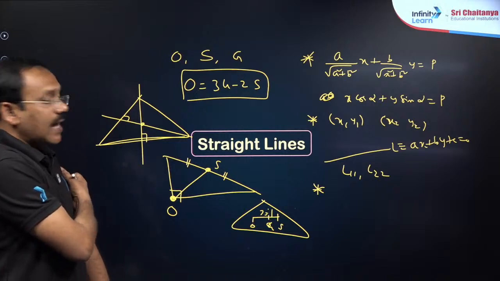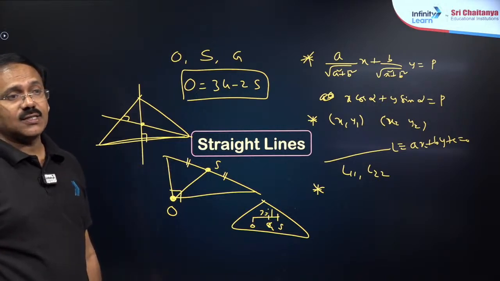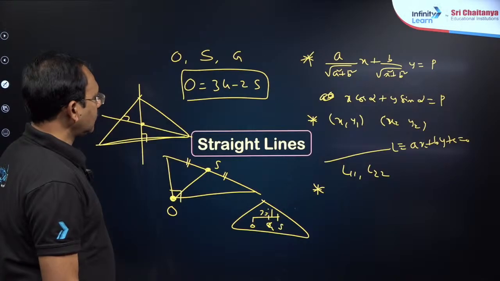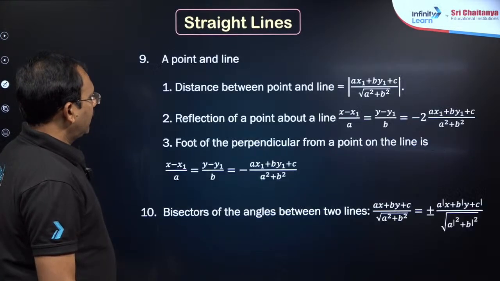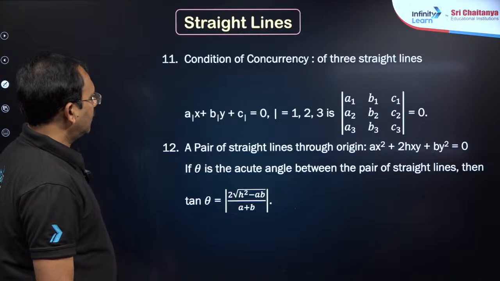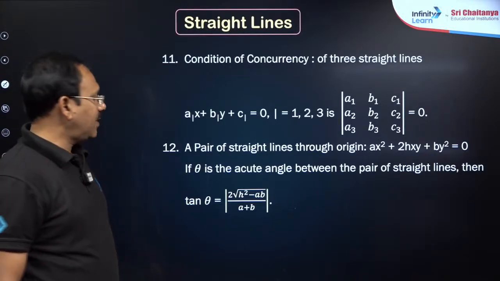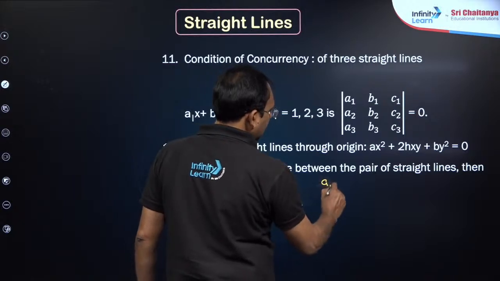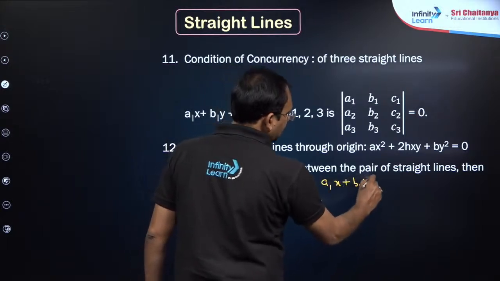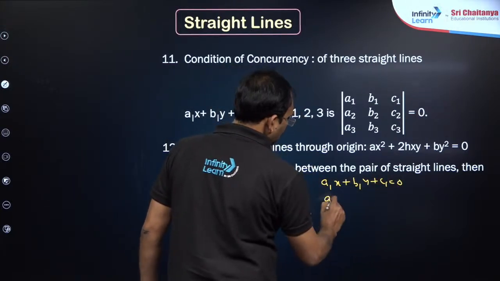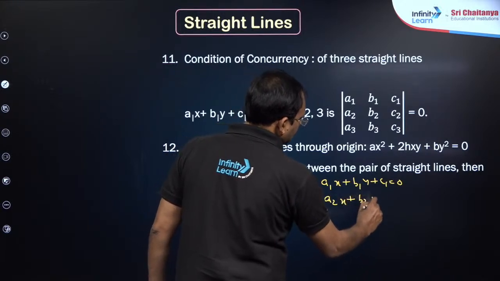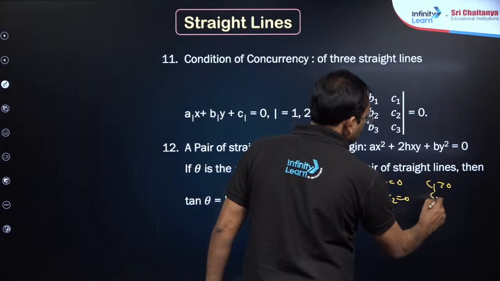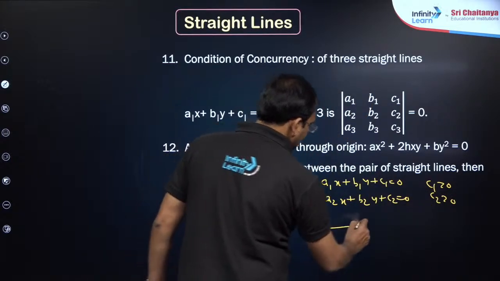Apart from this, the angular bisector concept, acute angle bisector and obtuse angle bisector, is also there. If you are given two lines a1x + b1y + c1 = 0 and a2x + b2y + c2 = 0, maintain c1 positive and c2 positive, then write the angular bisector equation.